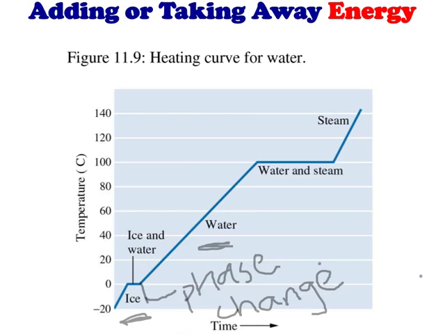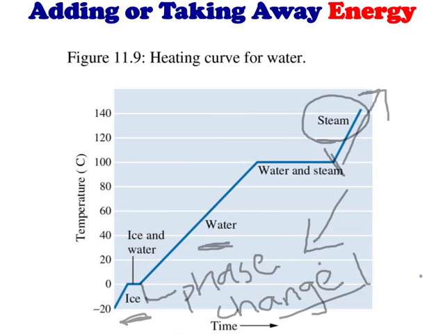Then when it hit right here, we had another phase change, and it went from water completely to steam. Now the temperature can rise again. So notice that the temperature does not rise until there is an actual phase change.